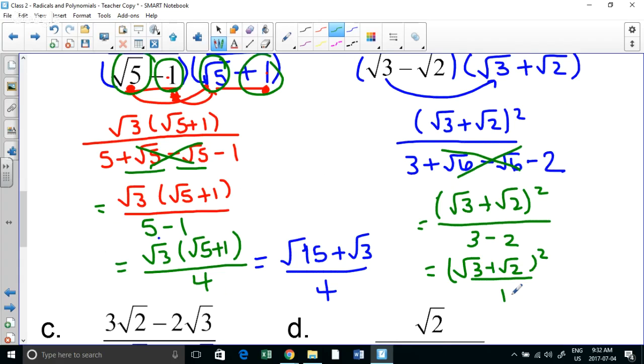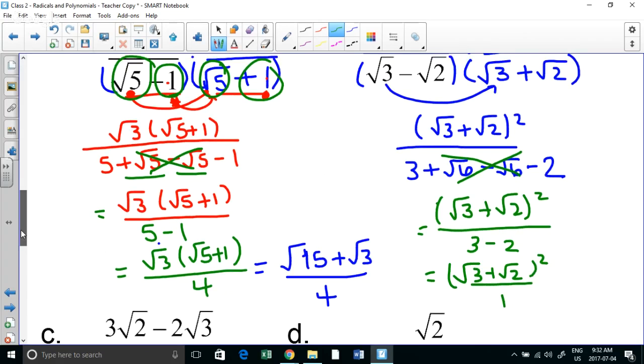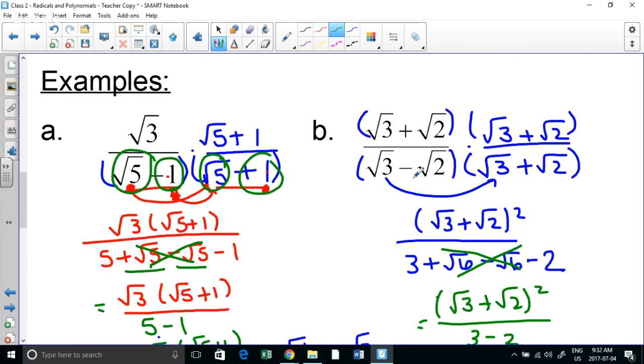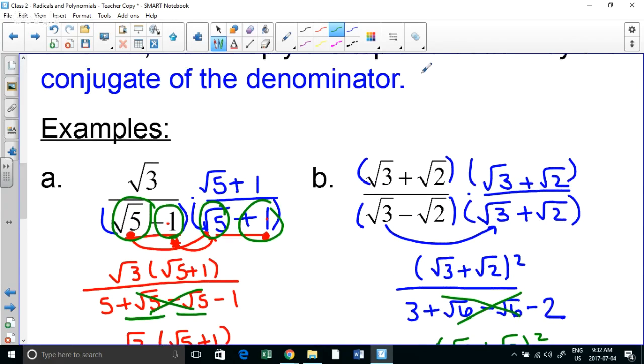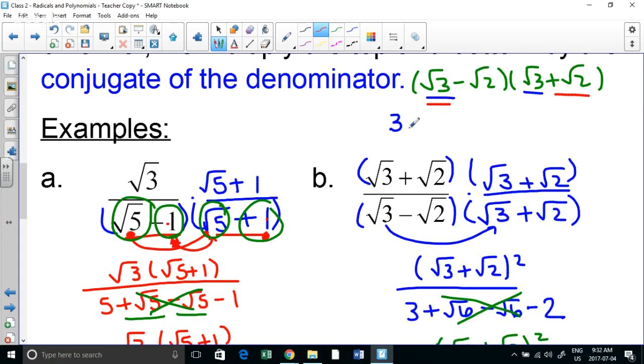Miss, yes. How did you get 6 minus 6? So this step right here. A FOIL. 3 minus the root of 2. We do the first, which gives me just 3, because we have the root of something times the root of something. Then I get this one times this one, which gives me the root of 3 times the root of 2.